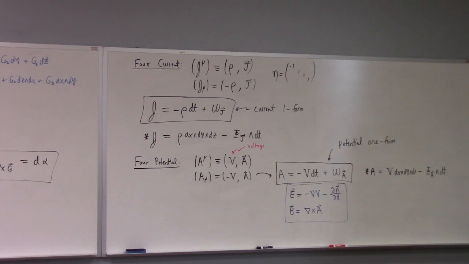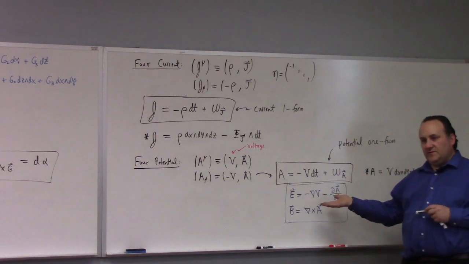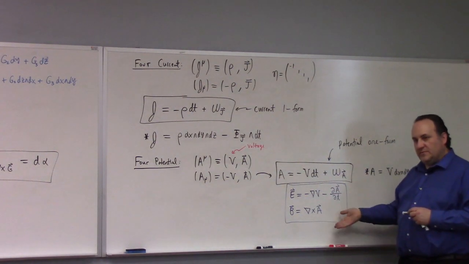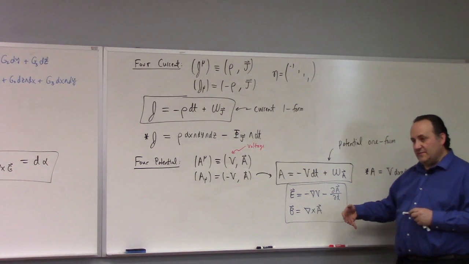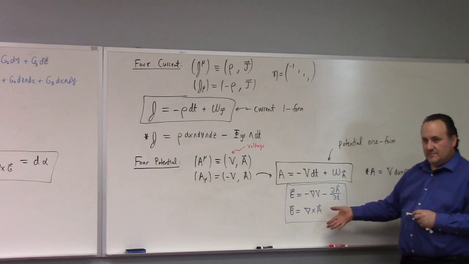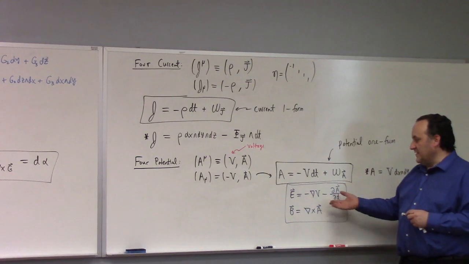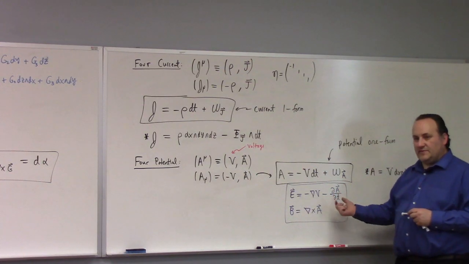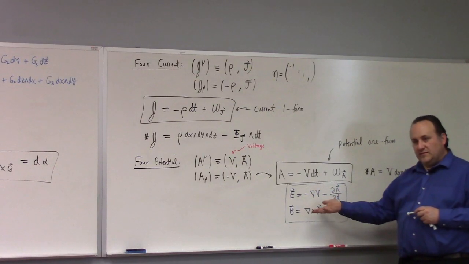But that's it. So what this means is if you give me the voltage function and the vector potential, I can calculate the electric and magnetic fields from those by these derivatives. Now they're not unique because whenever you differentiate, you lose track of a certain amount of data. So there's freedom here called gauge freedom.